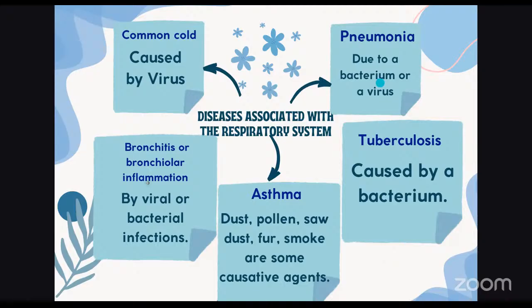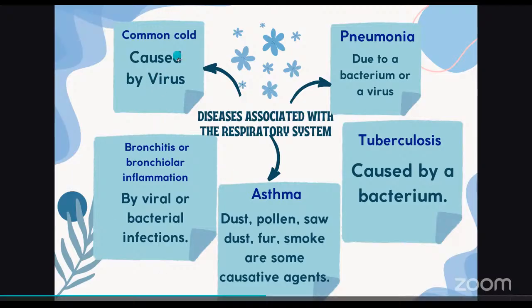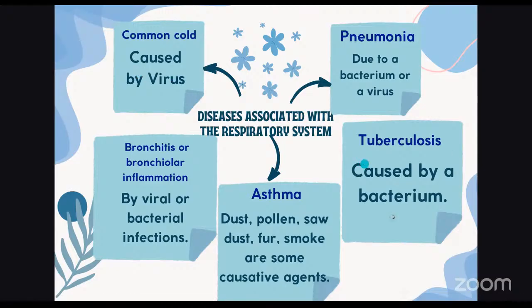The main idea is that at one glance you can get an idea about the agents causing each disease. Pneumonia and bronchitis can be caused by both, but common cold is only caused by a virus, and tuberculosis by a bacterium. Likewise, try to make short notes and study these things, but don't go too deep into it.